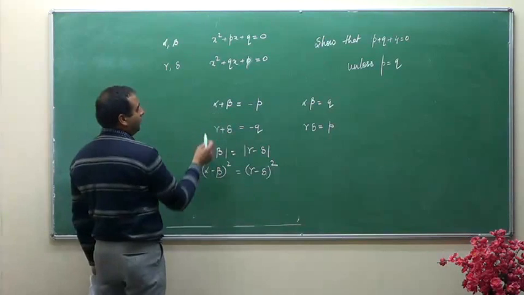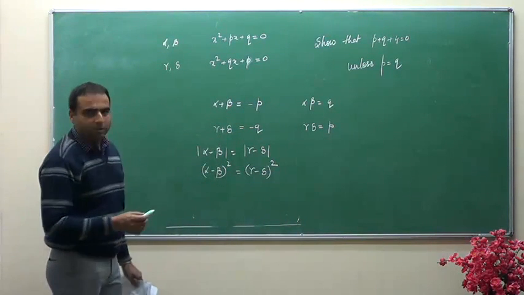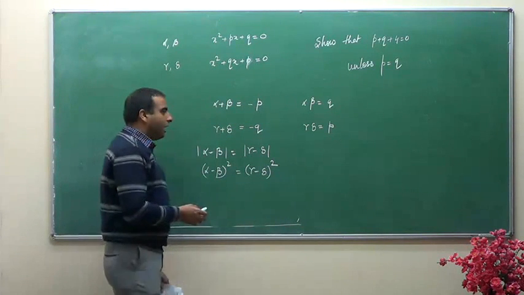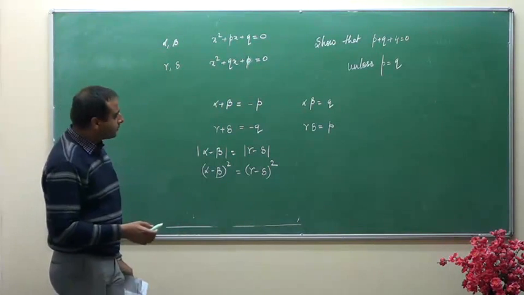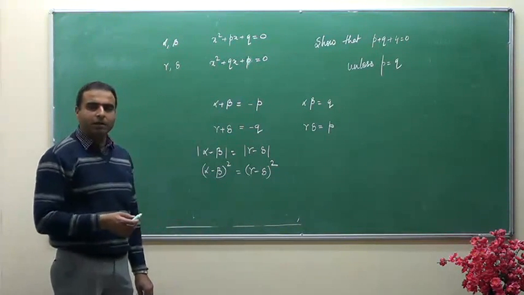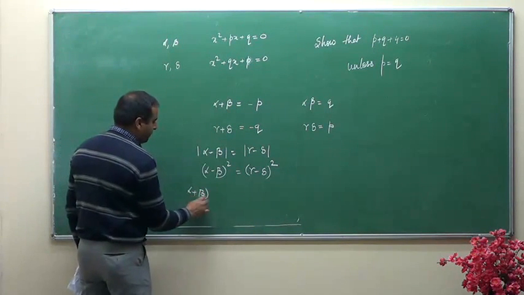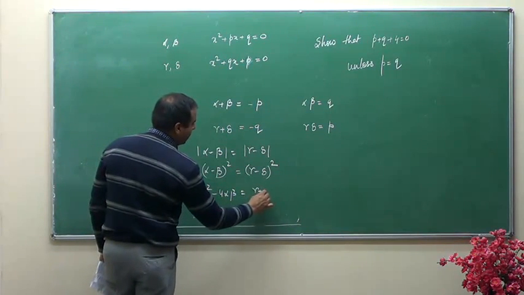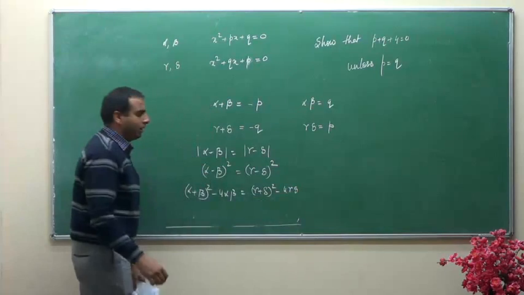We have information related to alpha and beta: alpha plus beta and alpha into beta. And for gamma and delta: gamma plus delta and gamma into delta. So we will convert alpha minus beta into terms of alpha plus beta and alpha beta. It is alpha plus beta whole square minus 4 alpha beta, and gamma plus delta whole square minus 4 gamma delta.